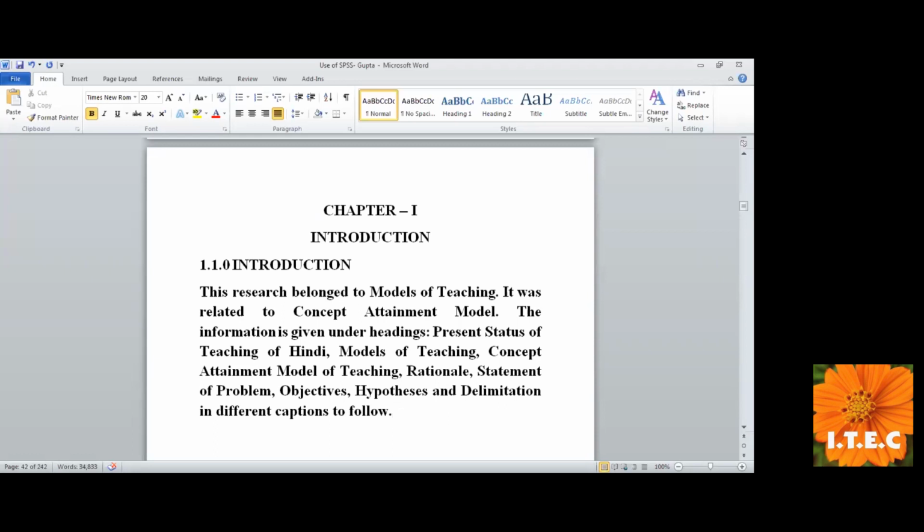Now, after that, it is 1.2.0. Now here it will be the present status. Present status of teaching Hindi.